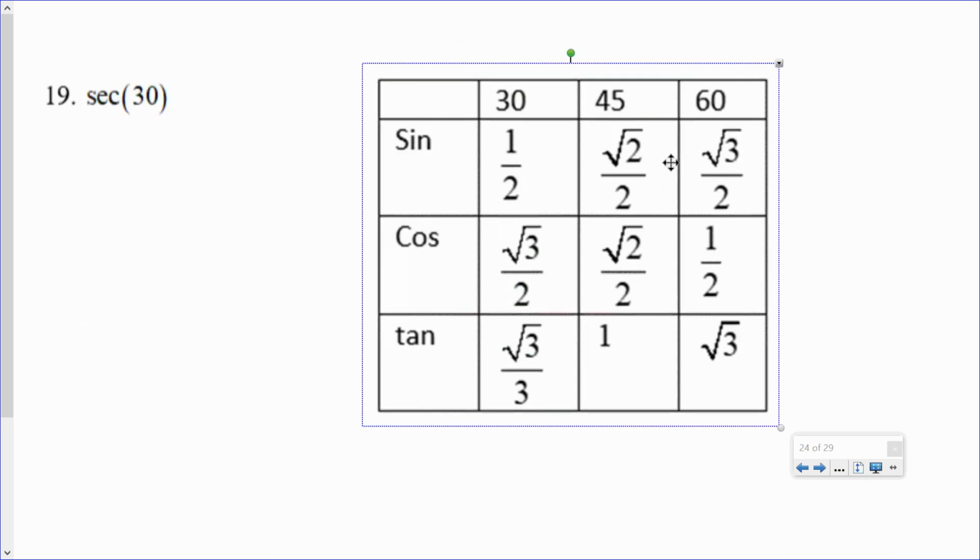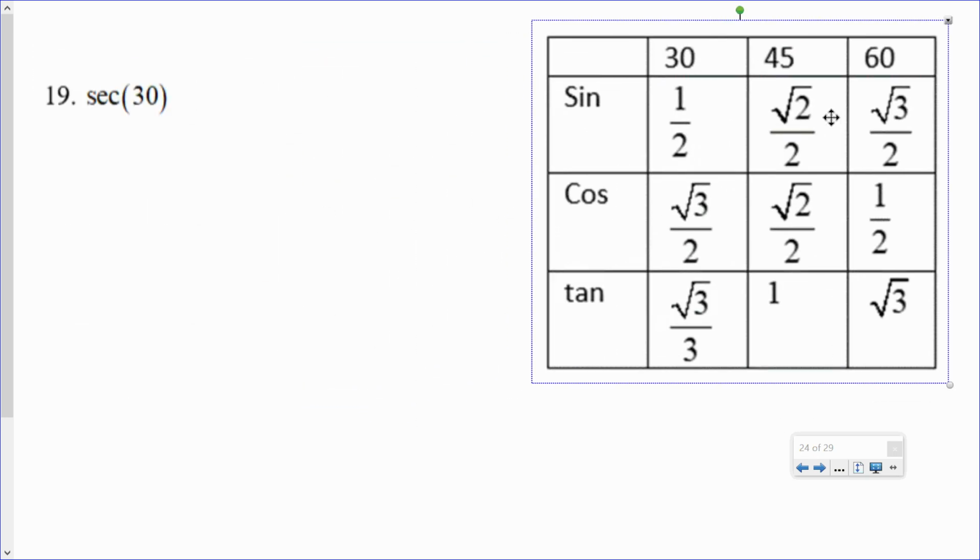First off, secant of 30. Well, I know that secant is 1 over cosine. There's another prerequisite that we need for this lesson, the reciprocal trig functions. Or instead of thinking of it that way, secant is the reciprocal of cosine.